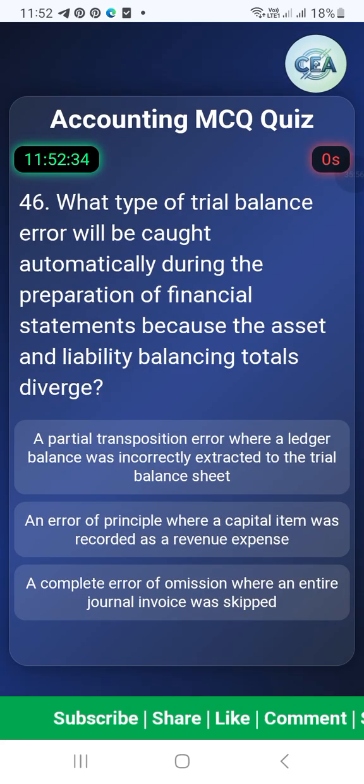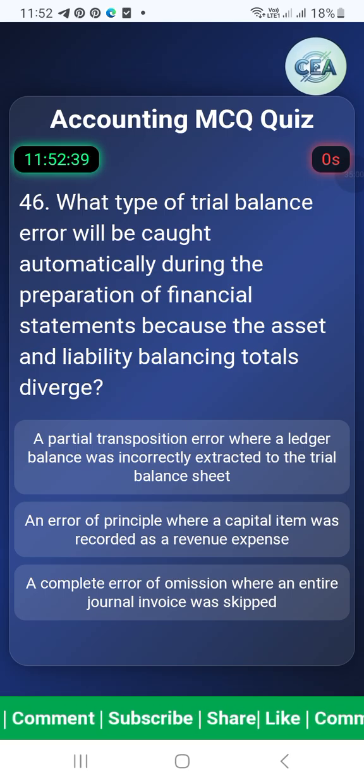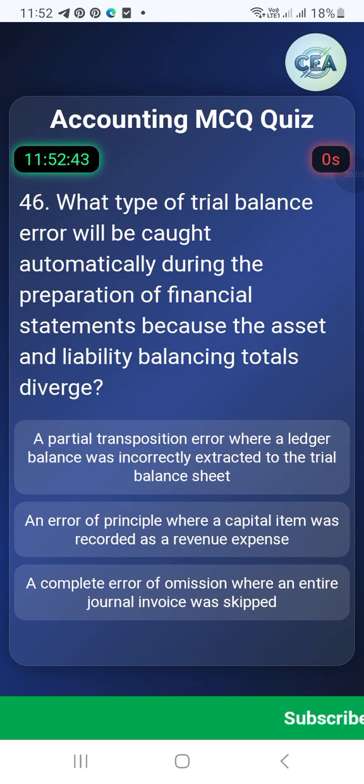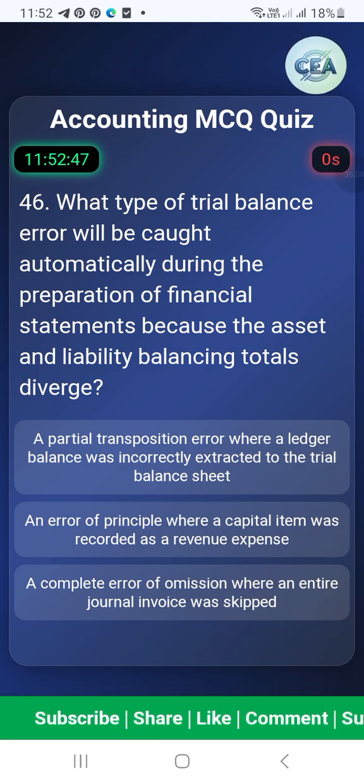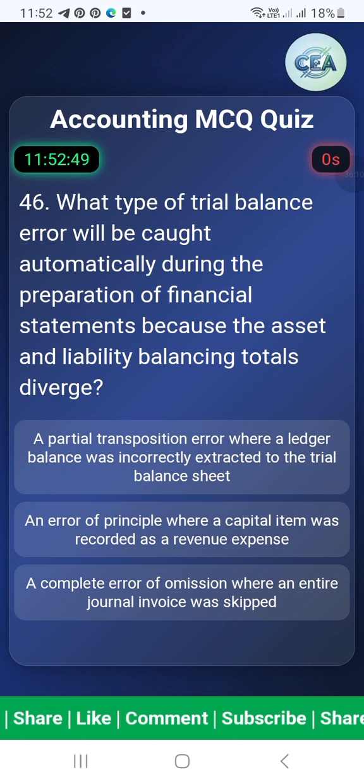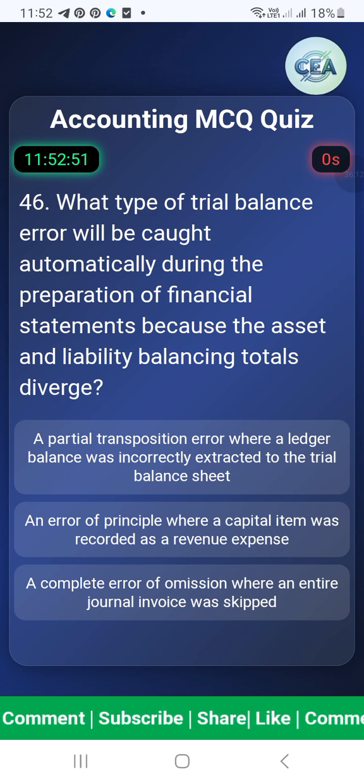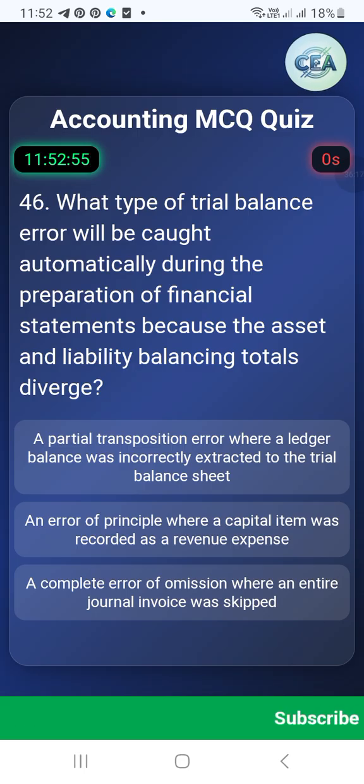46. What type of trial balance error will be caught automatically during the preparation of financial statements because the asset and liability balancing totals diverge? Option 1. A partial transposition error where a ledger balance was incorrectly extracted to the trial balance sheet. Option 2.